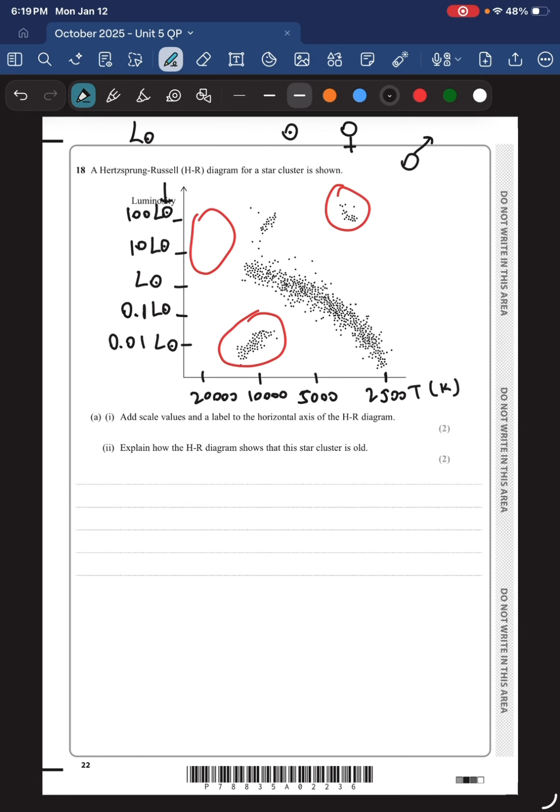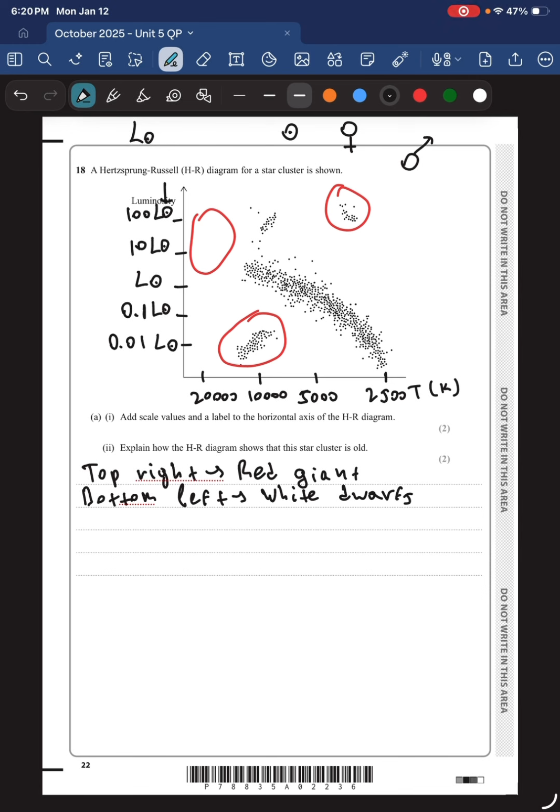So explain the HR diagram. In the top right, we have red giants. Bottom left, we have white dwarfs.